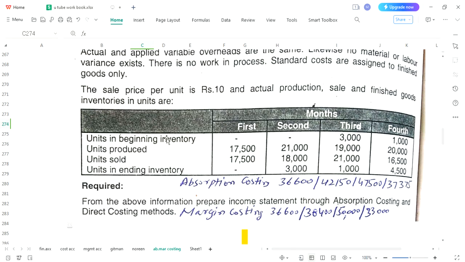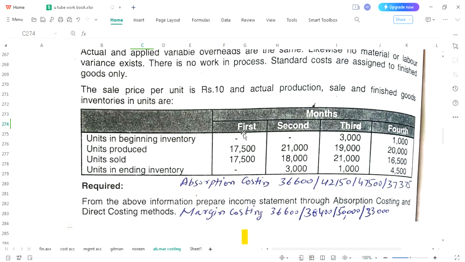Opening and closing stocks are mentioned in every month, though we can calculate them ourselves, as we know there will not be any opening stock at the start of the month, that is why it is a dash. And since the number of units sold and produced are the same, there is no closing stock, that is why the opening stock of the next month is also 0. So the ease in this question is that opening and closing stock are already mentioned, so we do not have to bother about that.